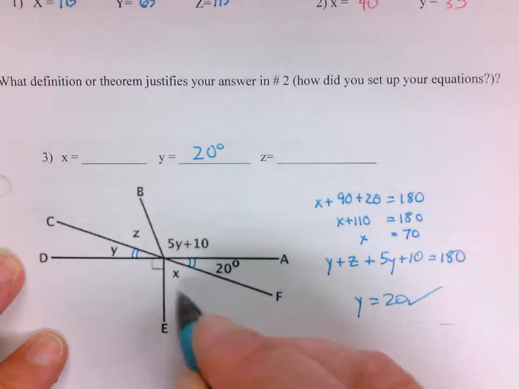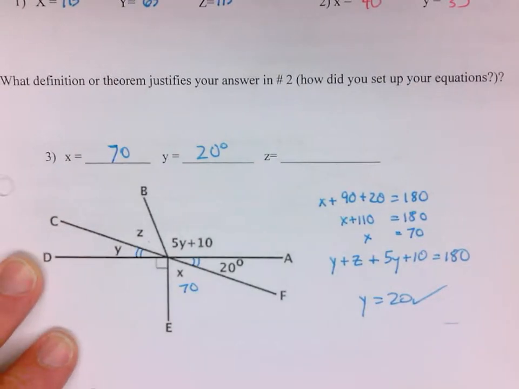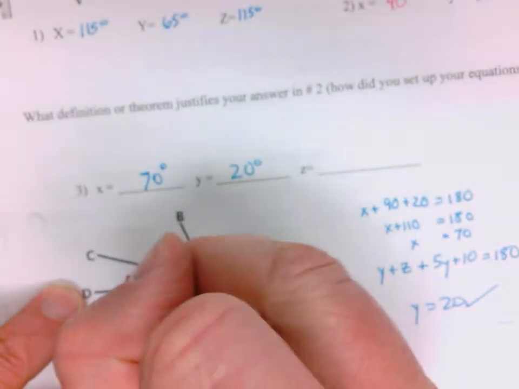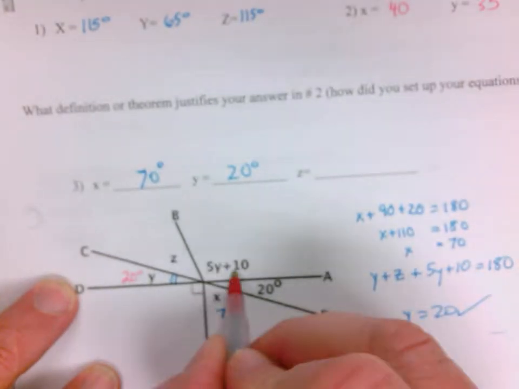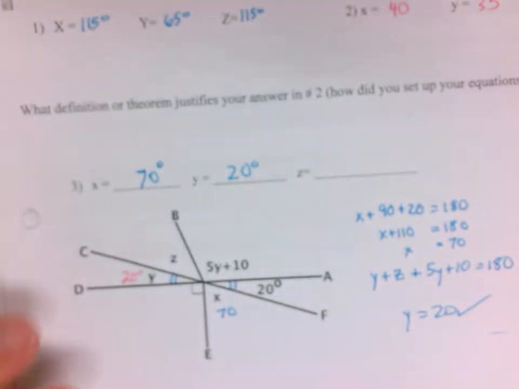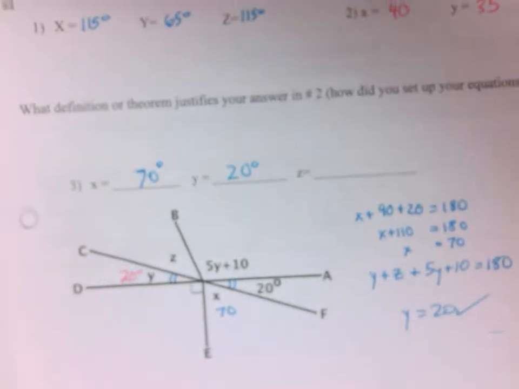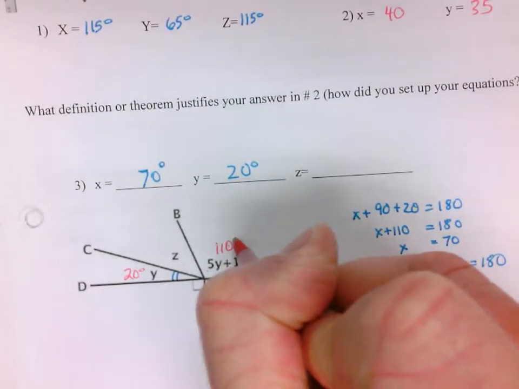So x equals 70. Check. Now I want to put those things on my picture. So if this is 20, and this is 5 times 20 plus 10, 5 times 20 is 100. 100 plus 10 is 110.